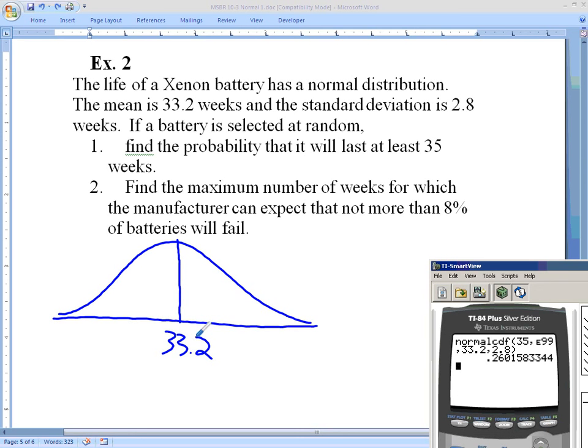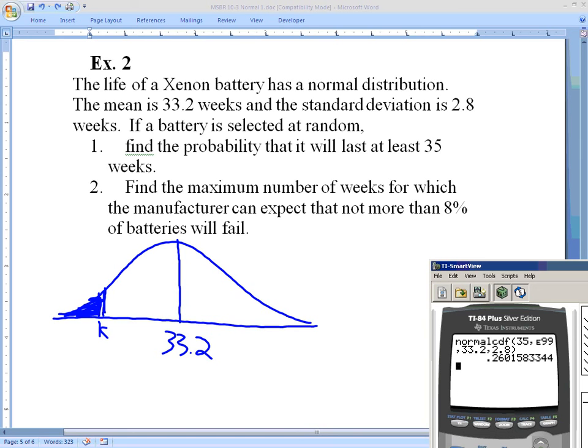And we want to expect to have no more than 8% of our batteries fail. Well, our first batteries start to fail way down here, so 8% should be somewhere around here. This is our K value, where only 8% of our batteries would have failed at this point, no more than that.